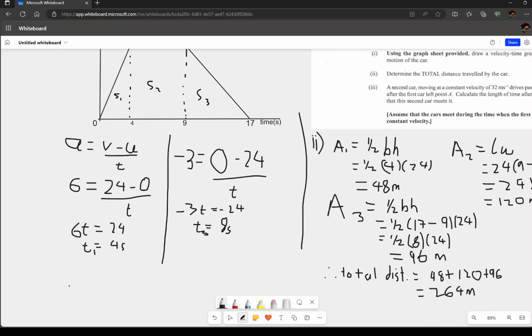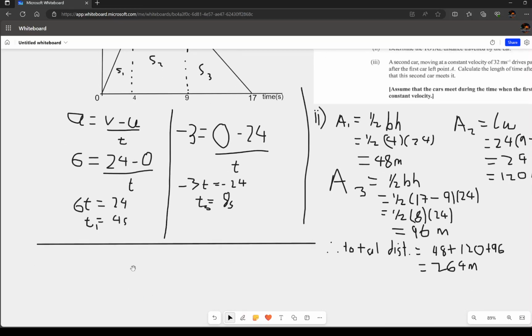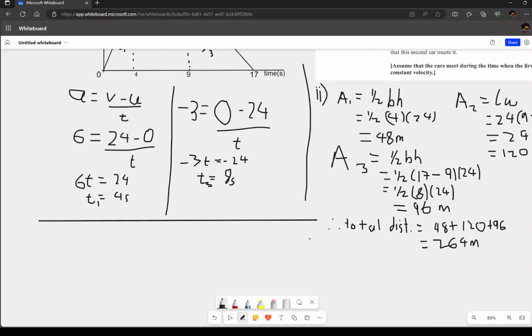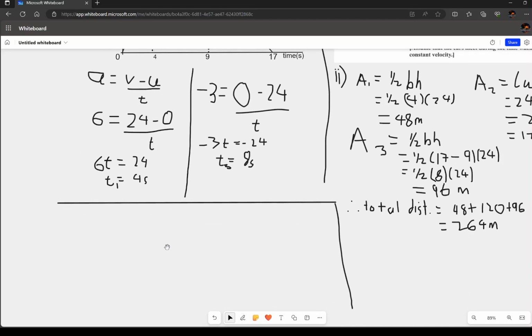Just going to divide this again so that we know what we're working with. Right down there. Okay. Alright, so this is the space that we're going to use for part 3. We'll just label this part 3.